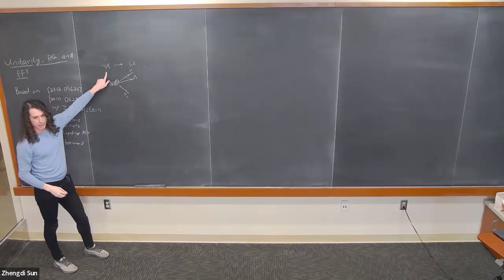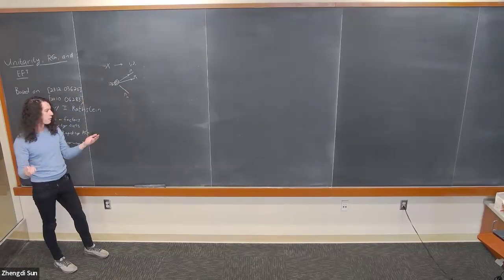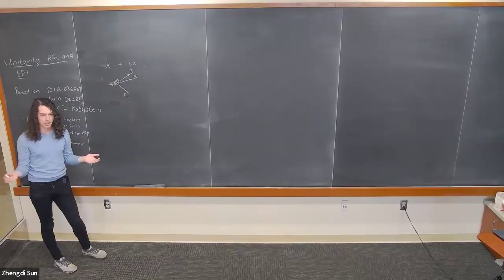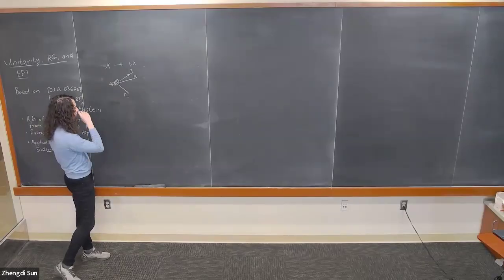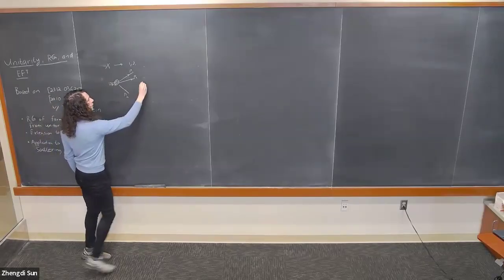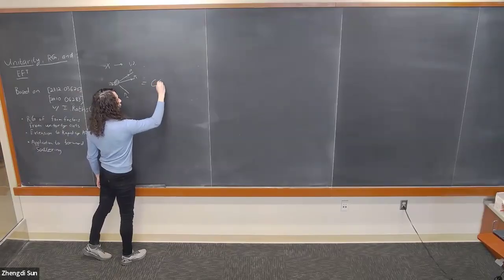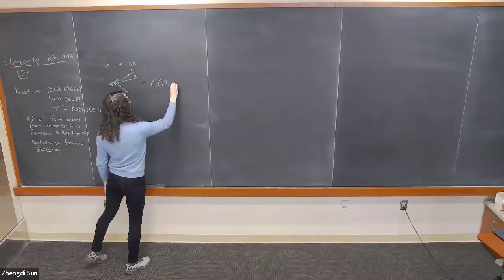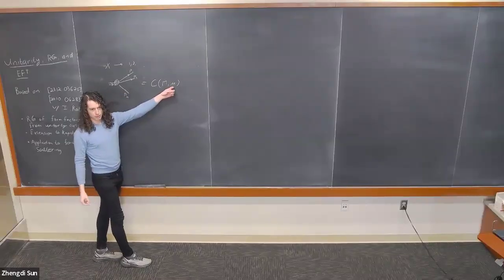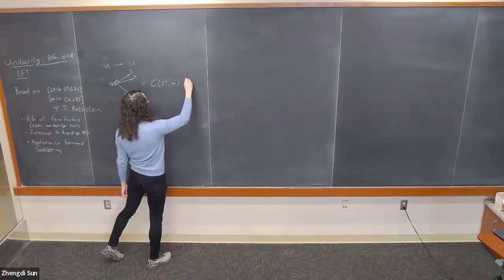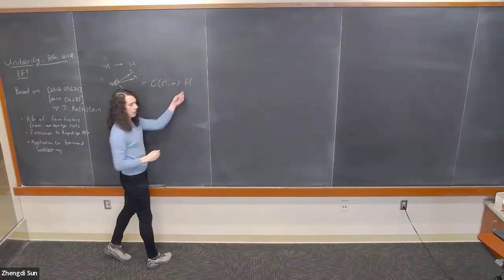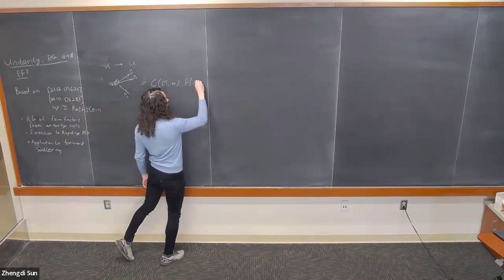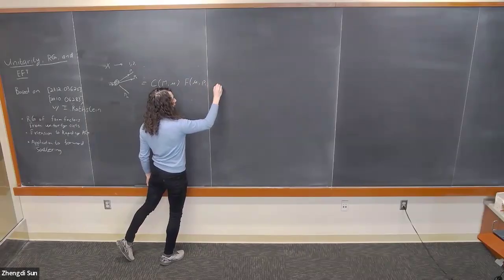In the case where this is mediated by some sort of UV physics, we typically resort to some sort of EFT setup where we can write this as some sort of Wilson coefficient, which depends on our UV scale, which I'll just call M here, and some sort of UV-IR factorization scale mu, and then some sort of low energy matrix element that contains the dependence on all of these outgoing states, which I'll call F. That also depends on mu as well as P1.